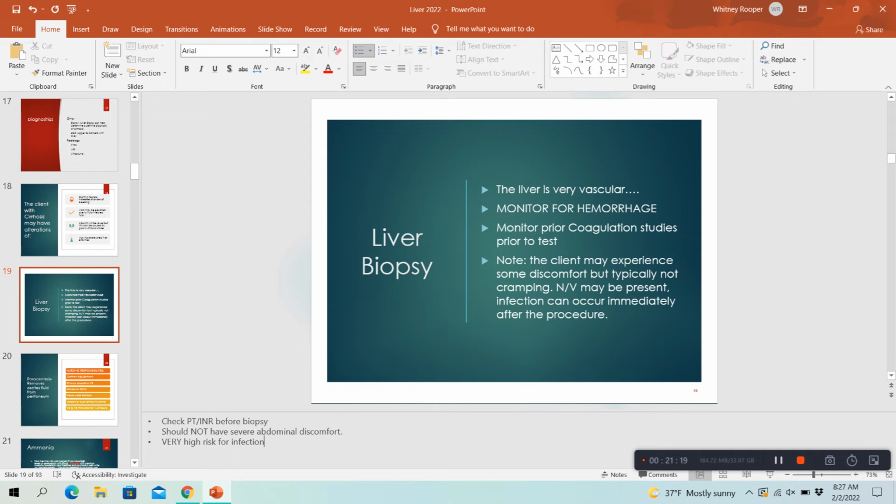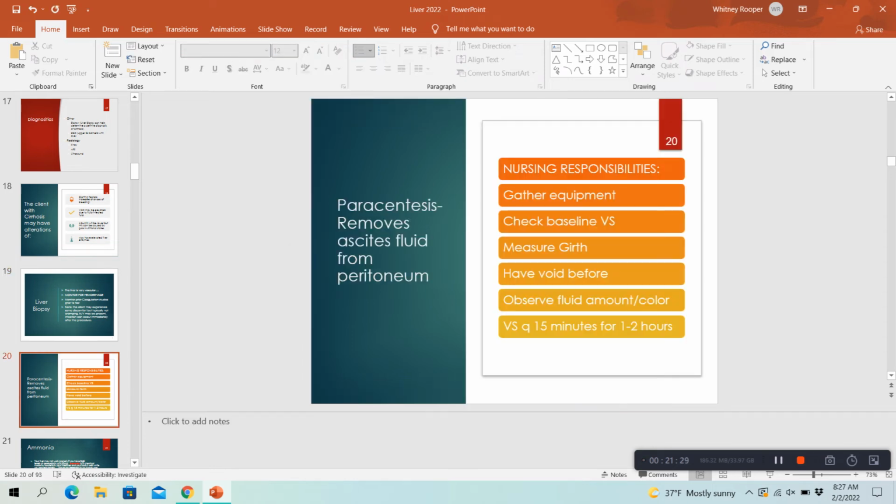Anybody ever observed a paracentesis? Your nursing responsibilities when the doctor comes in and says they're going to do a paracentesis, which is to do what? What does a paracentesis do? Fluid. Yeah, and they'll use those big glass jars, right?